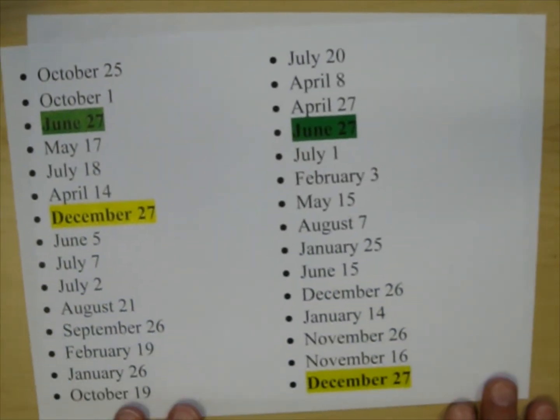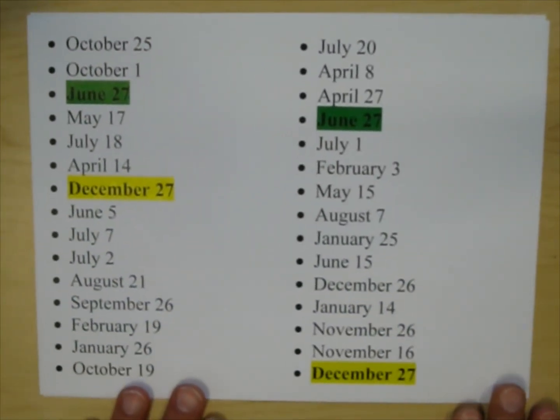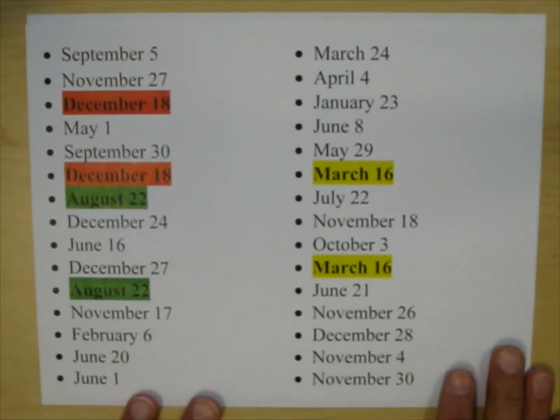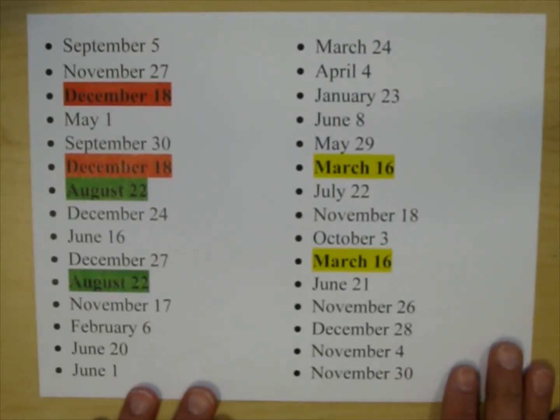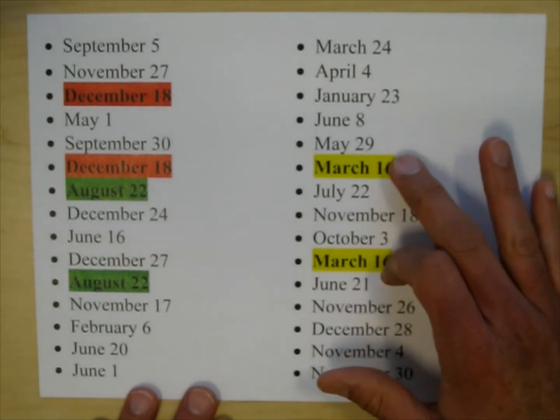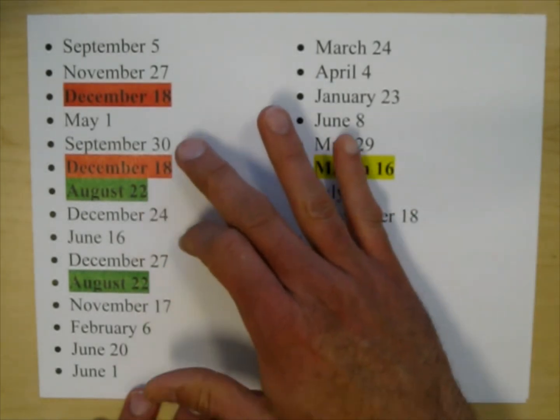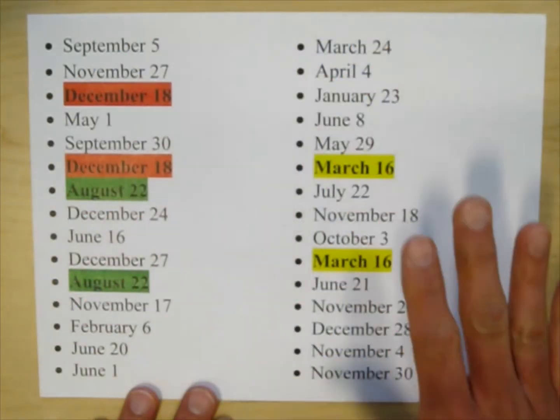Trial number 4. I ended up getting repeats, December 27th and June 27th. Trial number 5. I ended up getting repeats. 3 different times that happened on March 16th, August 22nd, and December 18th, and these are all randomly generated.